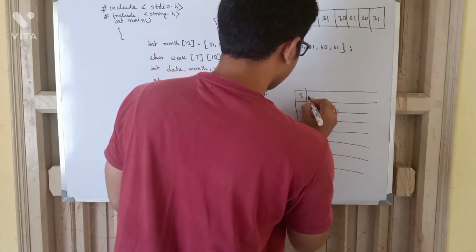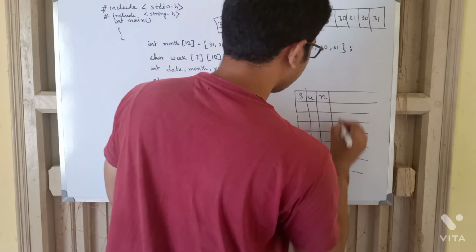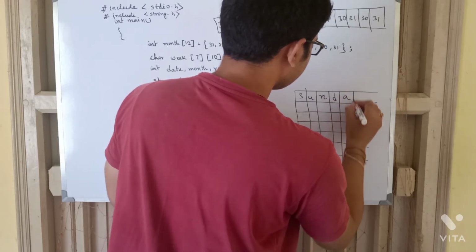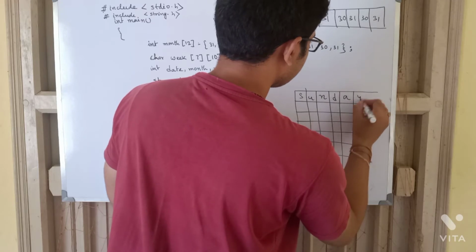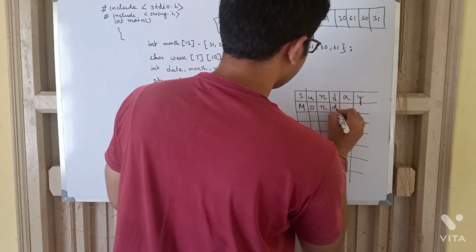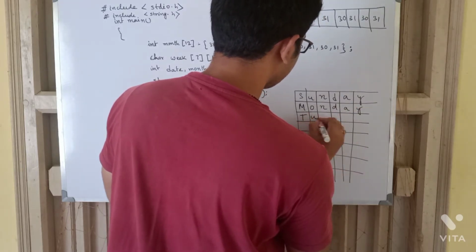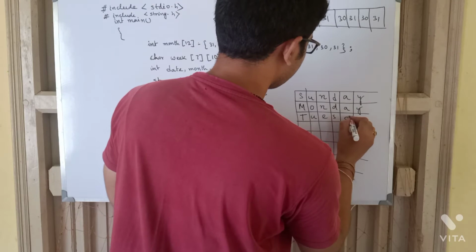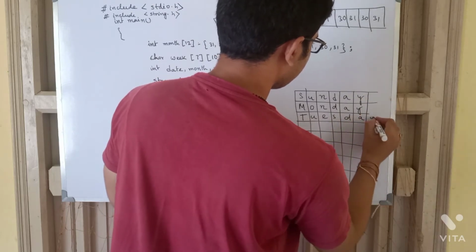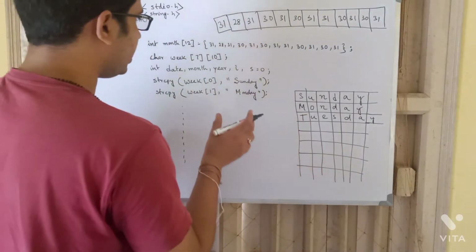Sunday will be stored like this. Sunday, Monday, Tuesday. Like this, all the elements will be copied.